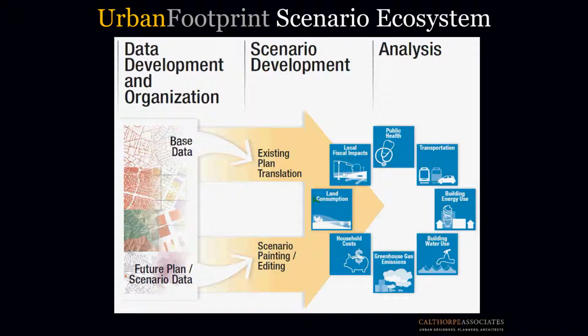And so easily 80+% of the work associated with getting a system up and running for scenario development and multimetric analysis is in the base data development. So a lot of what UrbanFootprint is and does is a significant reduction in the friction associated with that development. And then ultimately it becomes a vessel whereby updated data can live and breathe. Ultimately the plan would be to build pipes to data sets so that we can be automatically updating. That's a little bit further down the road.